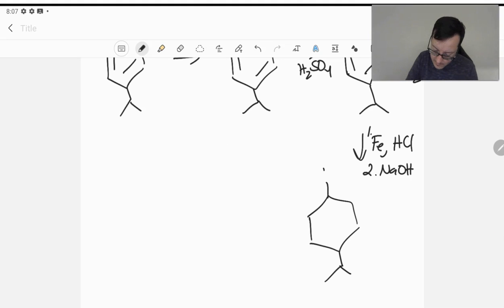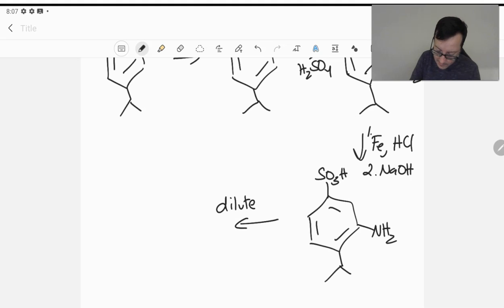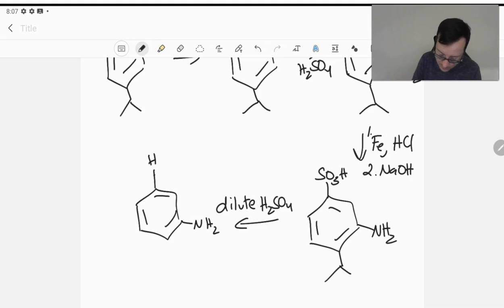So we have our sulfonic acid and our amine, and then dilute sulfuric acid will take off the other group. Now we have an H there, which is what we wanted. We don't want anything special, just a hydrogen, and now we have our ideal compound.